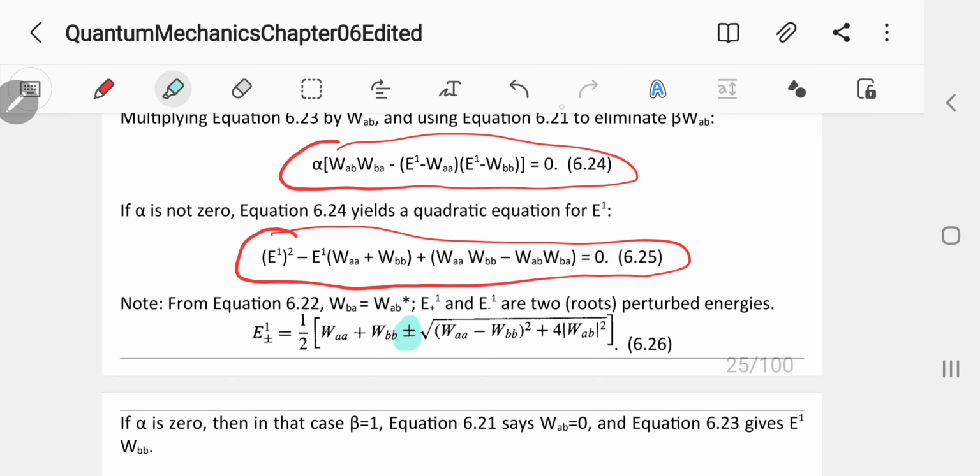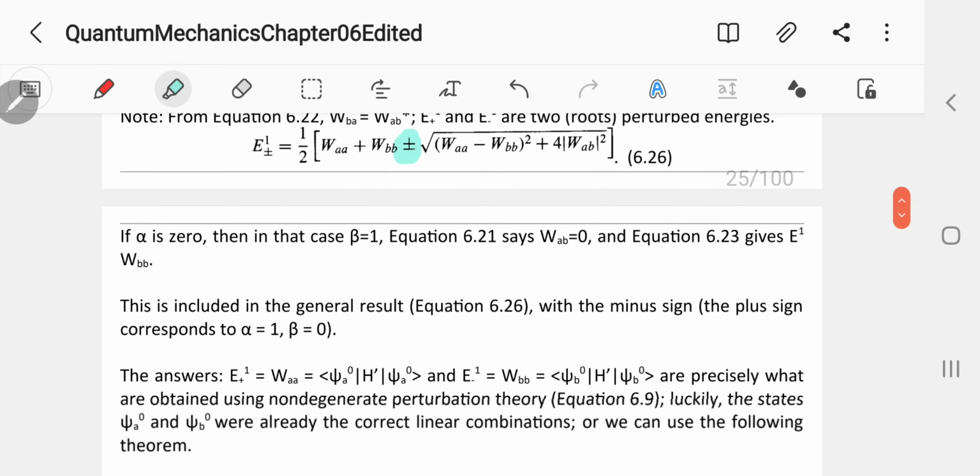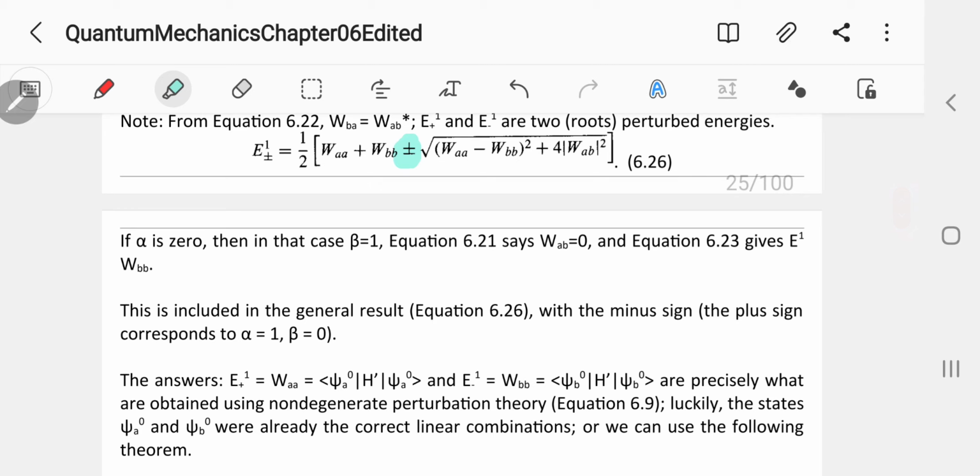So now if alpha is 0, then beta would be equal to 1 and WAB would be 0, and E1 will just be given by WBB. Or you can also do the case for alpha equals 1 and beta equals 0, and the energy correction there would just be with respect to WAA.